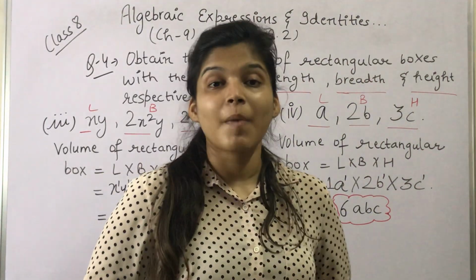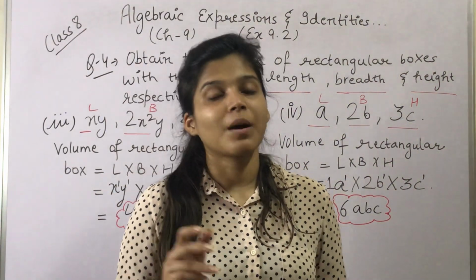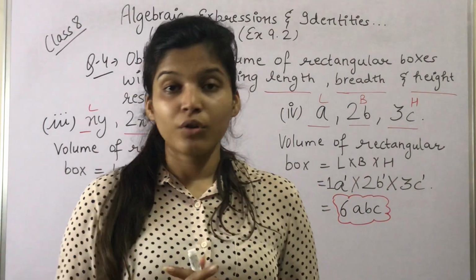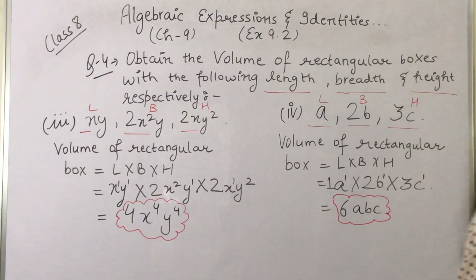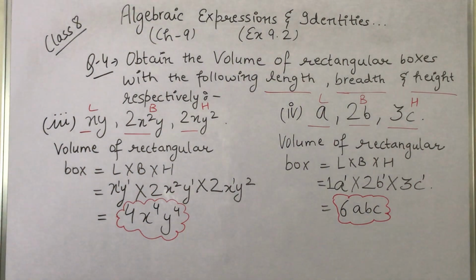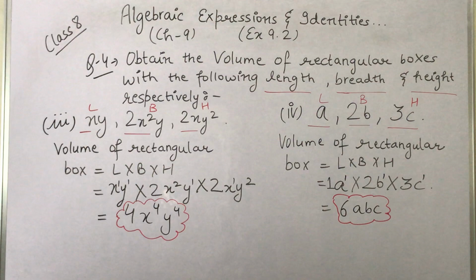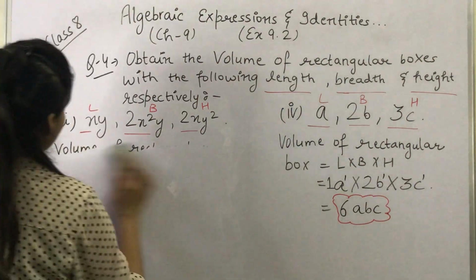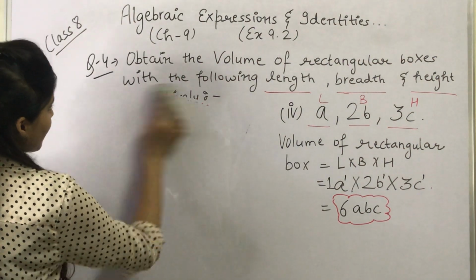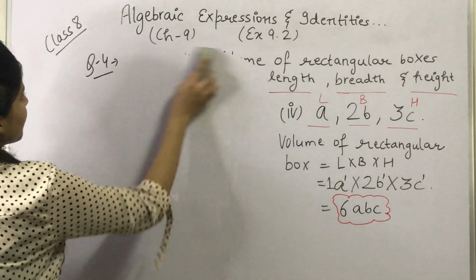Okay, so this was our part number 4, and with this we have completed our question number 4 also. So now let's come to question number 5. Now let's start with question number 5.